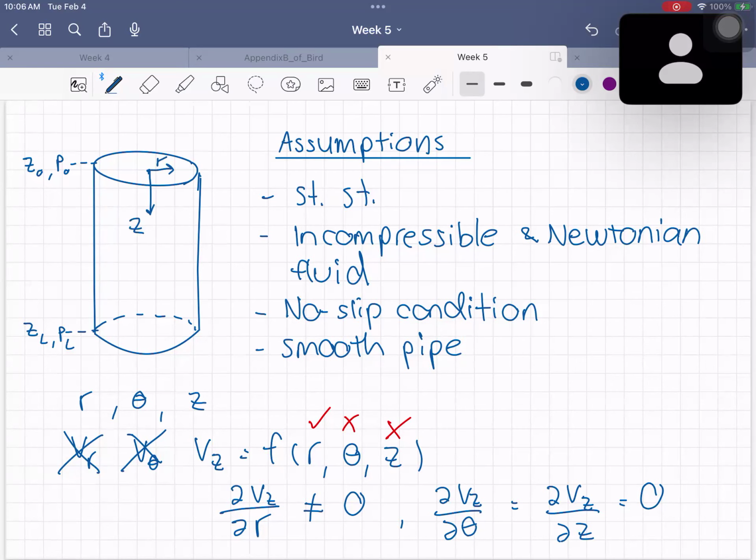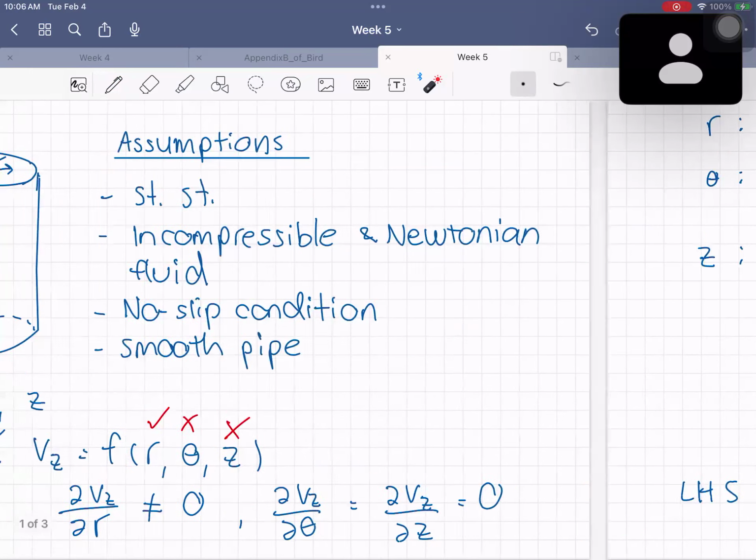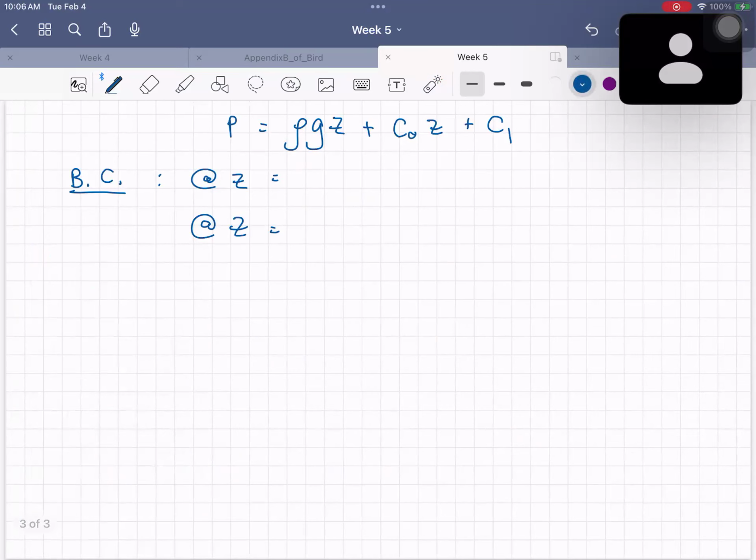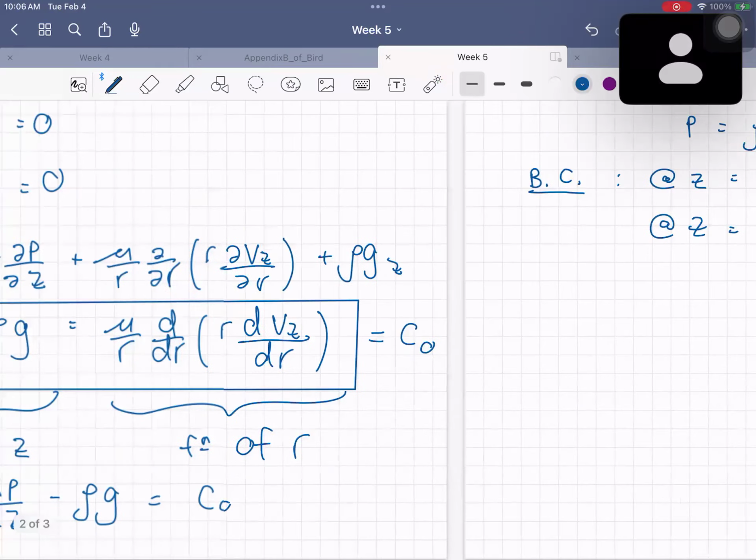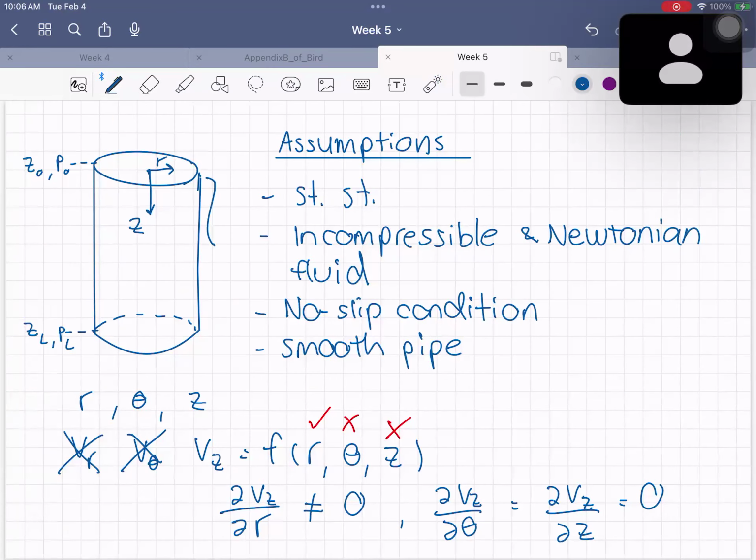So Z equal to 0 right here, and then Z equal to, let's say L, to make it simpler. The total L here is the total length that we're considering in our system.